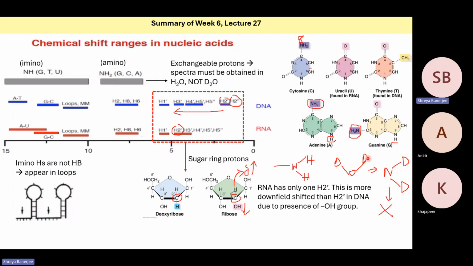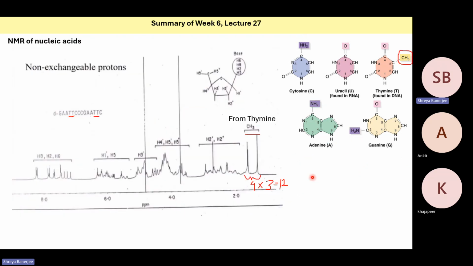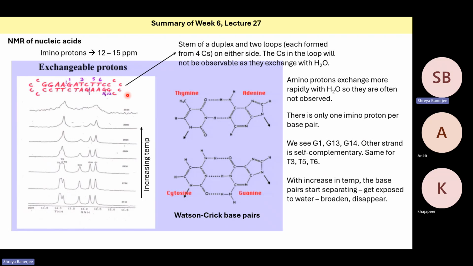Now, even if it is H2O instead of D2O, if the exchange is too fast, then also the proton will not be able to be detected. So that is what they are saying here, because the single stranded loop region is exposed to the water, the exchange will be so fast that the protons of these cytosines you will not observe.